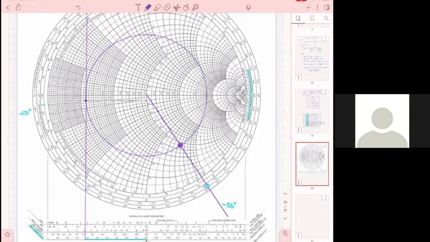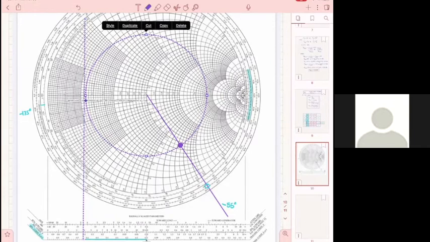What about the radius? That's a different story. I'm talking about C sub S right now. So the actual circle, the origin of the circle is not the center of the circle. The actual center of the circle is just the center of the Smith chart, of this purple circle.